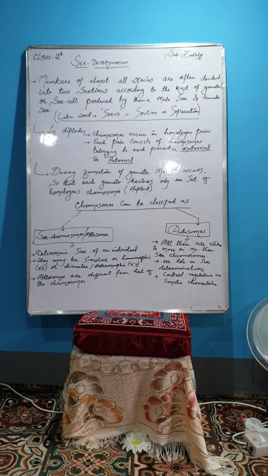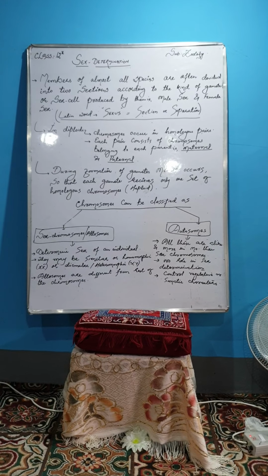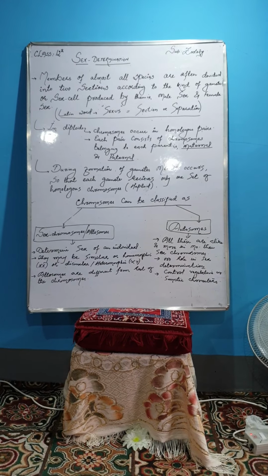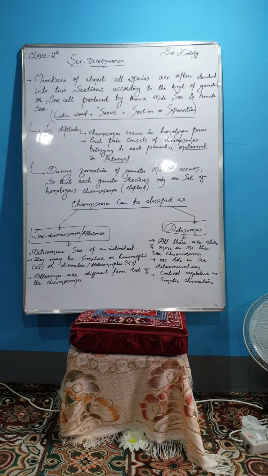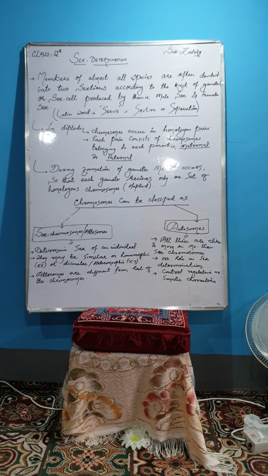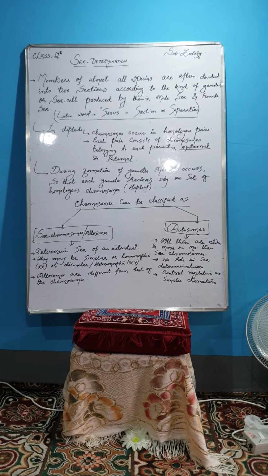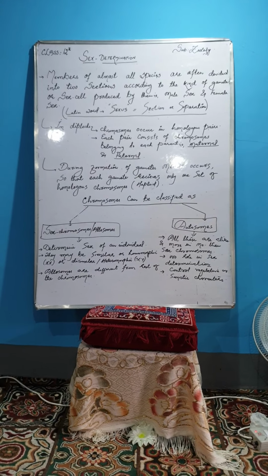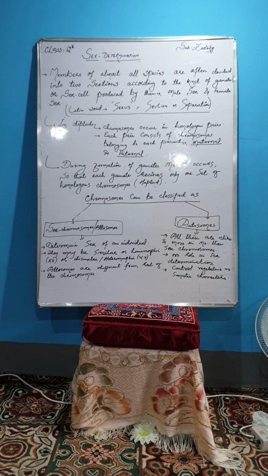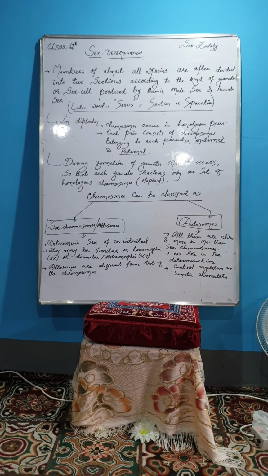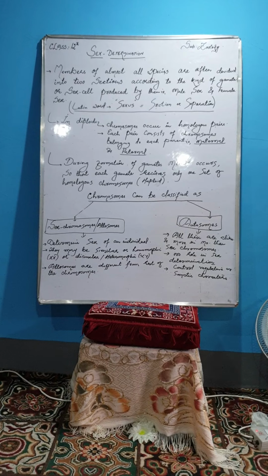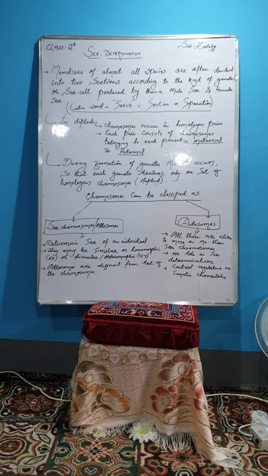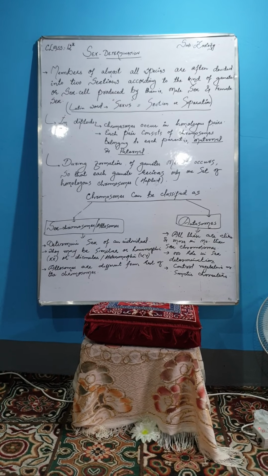When the sex chromosomal pair is similar, that condition is called homomorphic. For example, XX, both are the same, X and X. This is the homomorphic condition, in which the chromosomal pair is the same. On the other hand, the chromosomal pair may be different or heteromorphic, say X and Y.